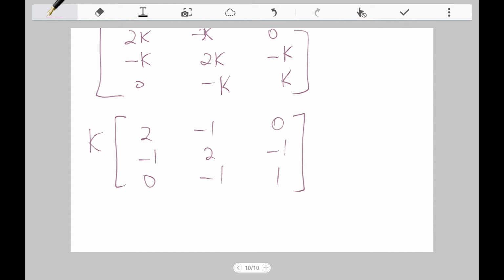And for the J matrix, we have J0 outside, and then 1, 0, 0, 0, 2, 0, 0, 0, 3. That's our J matrix.